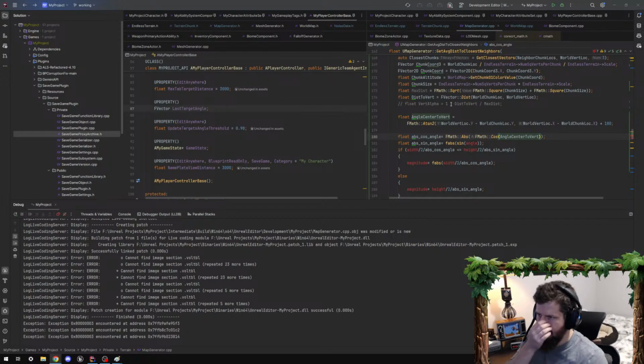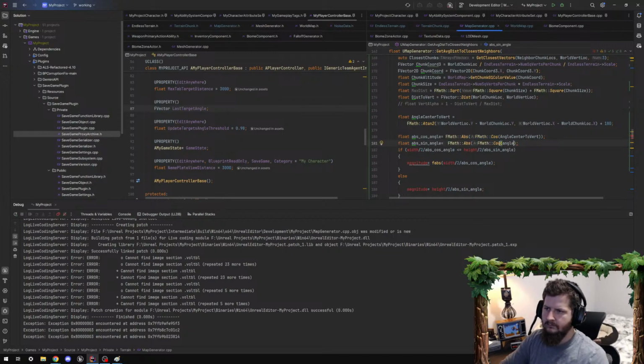It stands for floating point absolute value. Okay, good, good, good. This needs to be a sign.